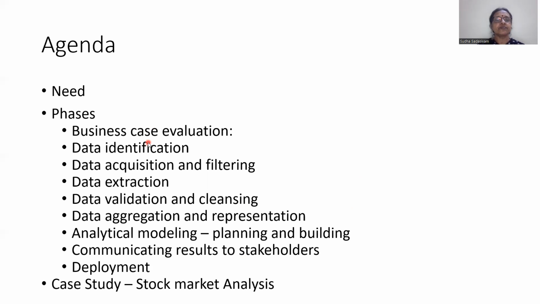It includes the business case evaluation, and the data filtration, extraction, and aggregation representation phases to convert the data into a particular format so that a model can be built, and then the results can be communicated to the different stakeholders and the deployment of the model can take place. Finally, this cycle is analyzed for a sample application on stock market analysis.